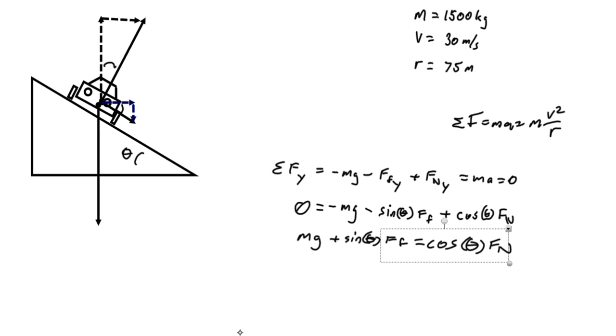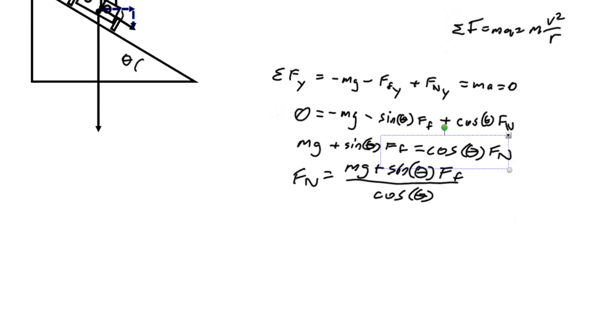All right, so solving for the normal force, we get that the normal force is equal to mg plus sine theta times the friction force over cosine theta.